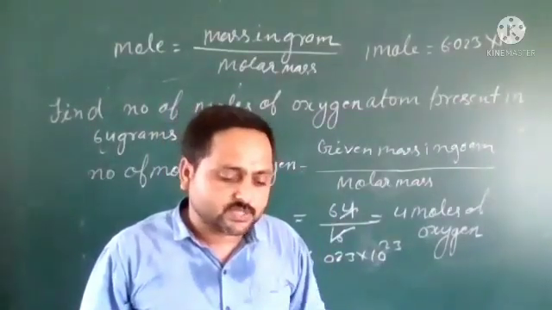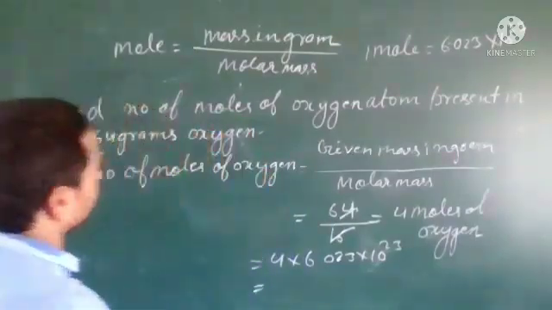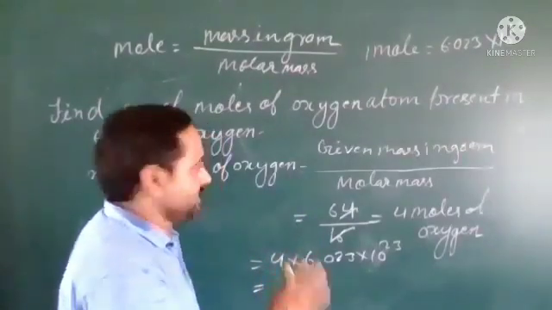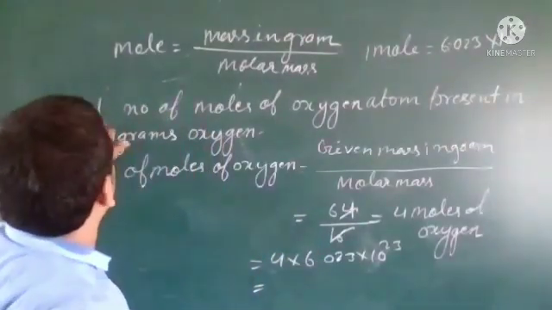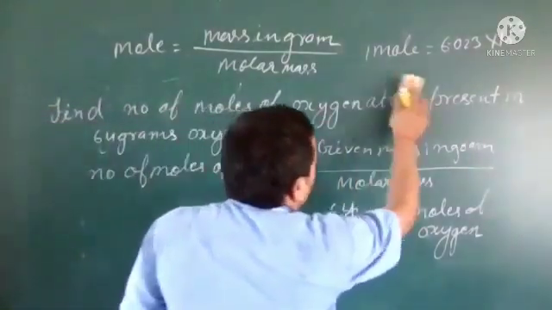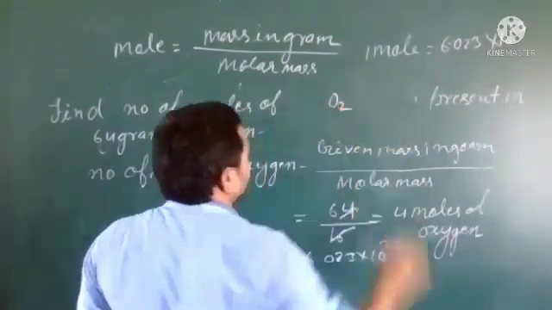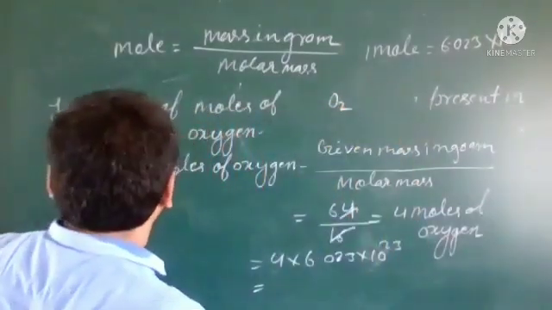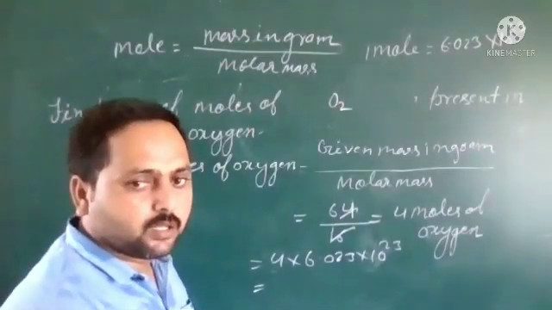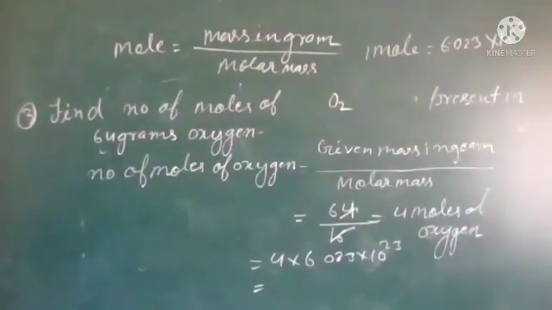So if I change this question: find the number of moles of O2 present in 64 grams. Oxygen is O2. So what will be the value? 2 moles. How can we solve it?